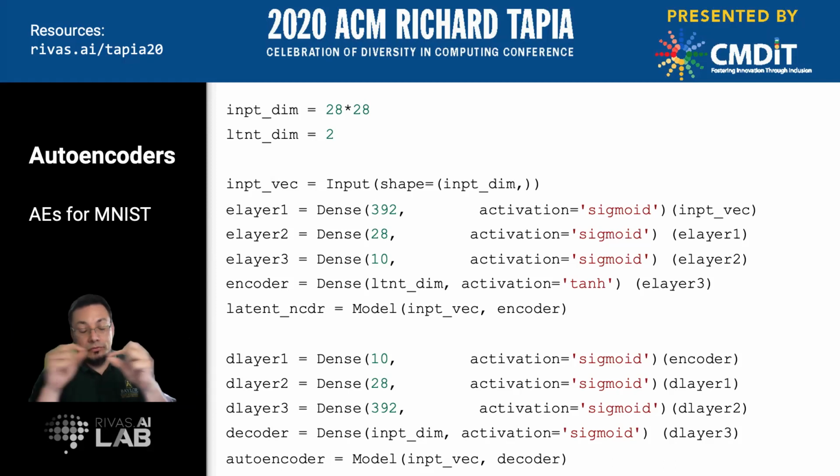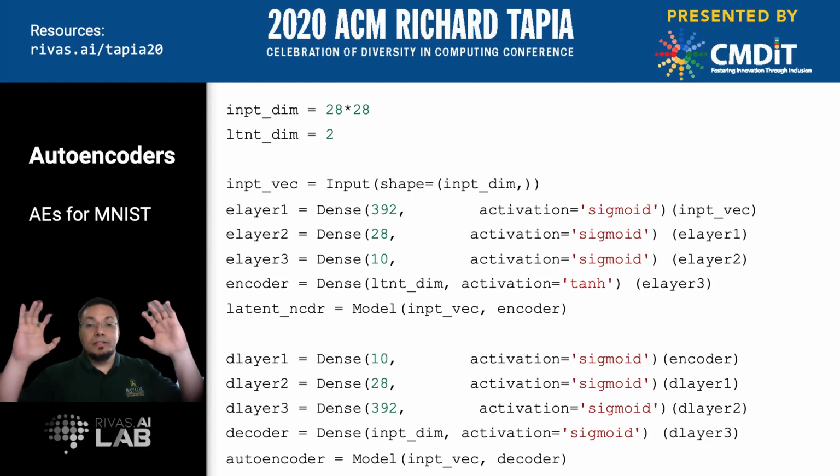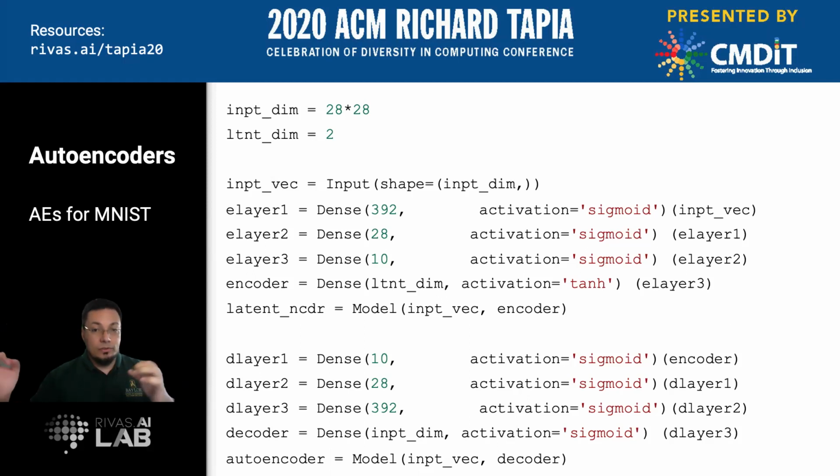And then finally, I do this with 10 and 2. So let's reflect on this for a second. We're asking this autoencoder to take 784 dimensions, 28 by 28, and represent the picture of a number in only 2 dimensions, using 2 values. And the decoding also goes backwards using the same structure.